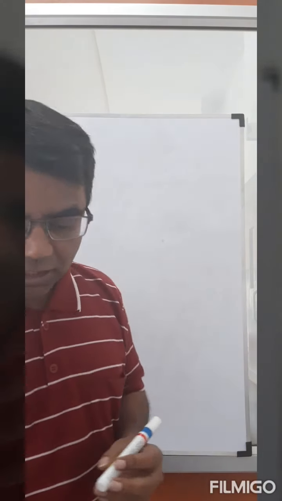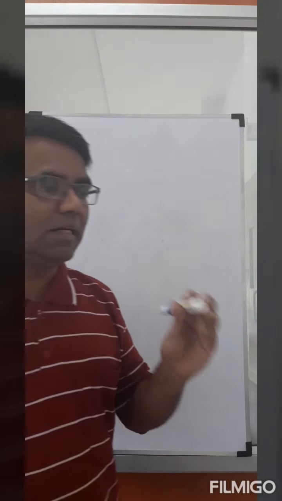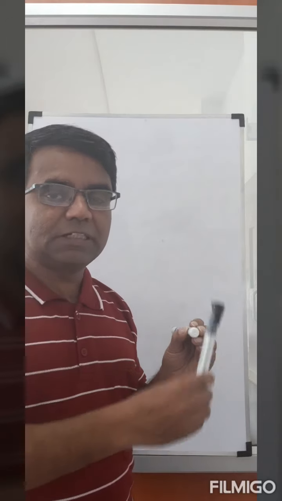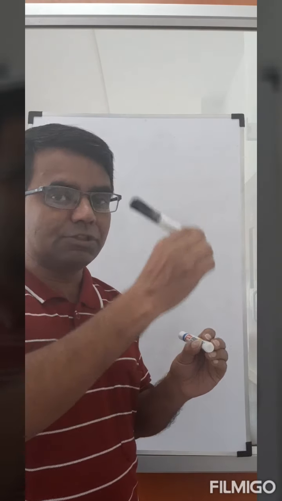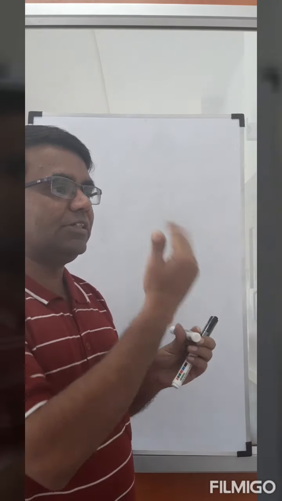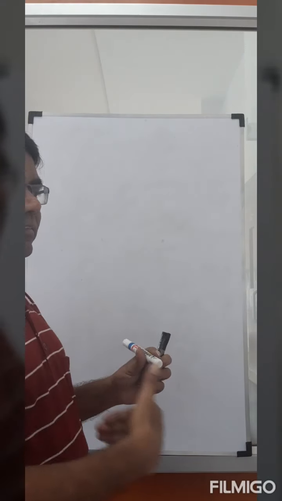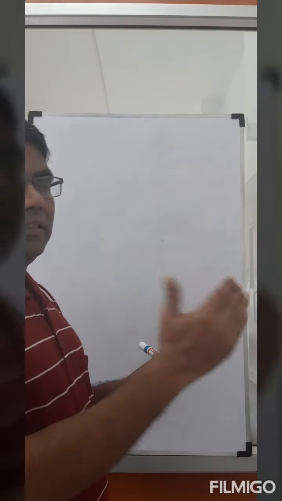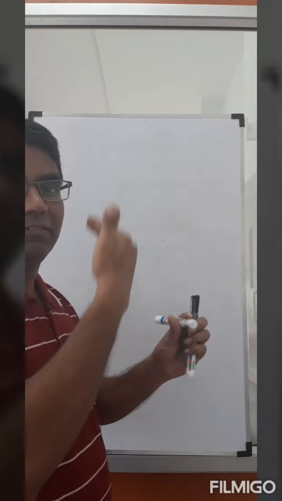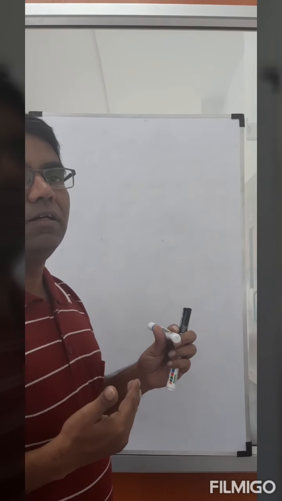So if a charge enters a magnetic field in a direction perpendicular to it, then we know that it is going to make a circle. If it's a positive charge, it will make a circle like this. If it's a negative charge, it will make a circle like that.